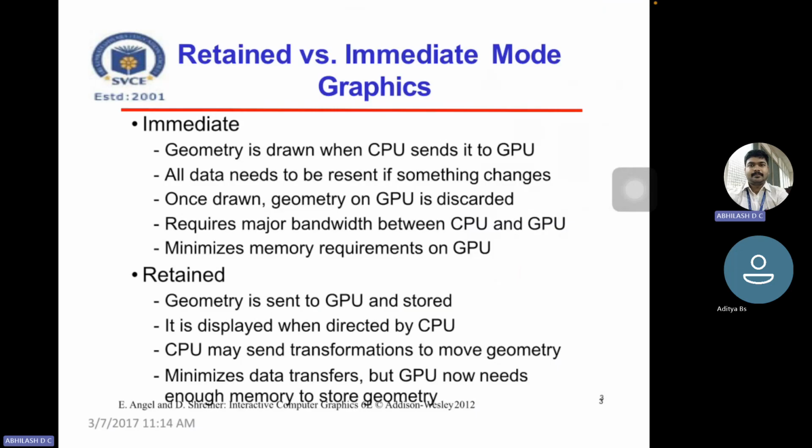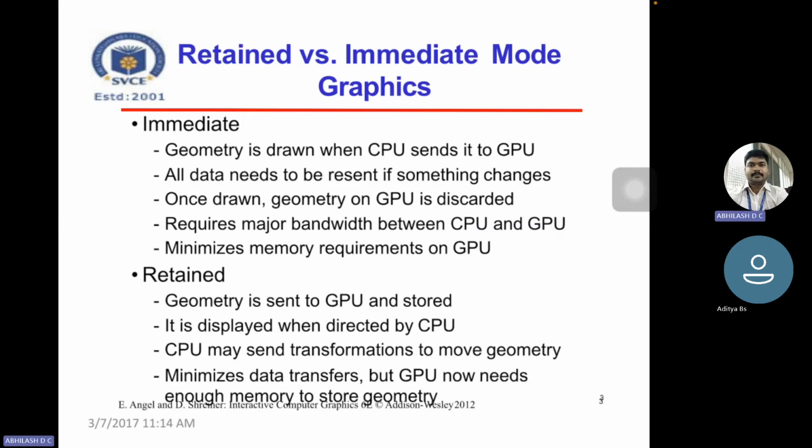This requires a good amount of bandwidth between the CPU and the GPU, because those two are separate hardware. CPU is the central processing unit and GPU is the graphical processing unit. So both have to be in sync, and the bandwidth should be very good between those two units.